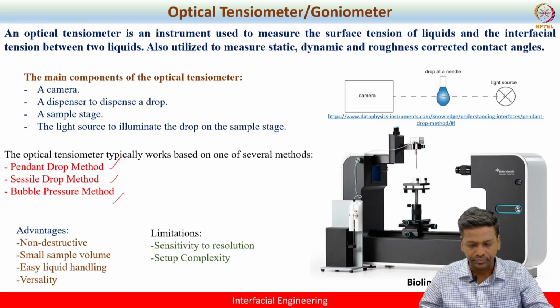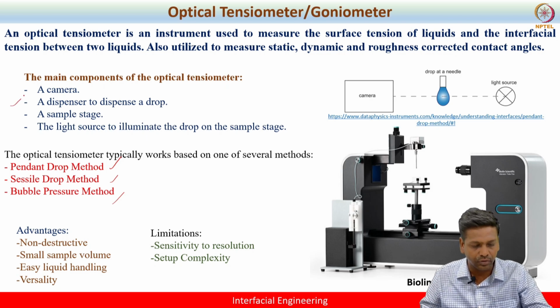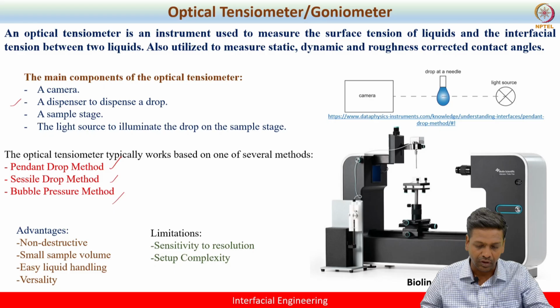Essentially it consists of the following components. It has a camera fitted at one end, and you have the dispenser, usually a syringe filled with the liquid of interest, and using that one can perform the pendant drop as well as the sessile drop method.